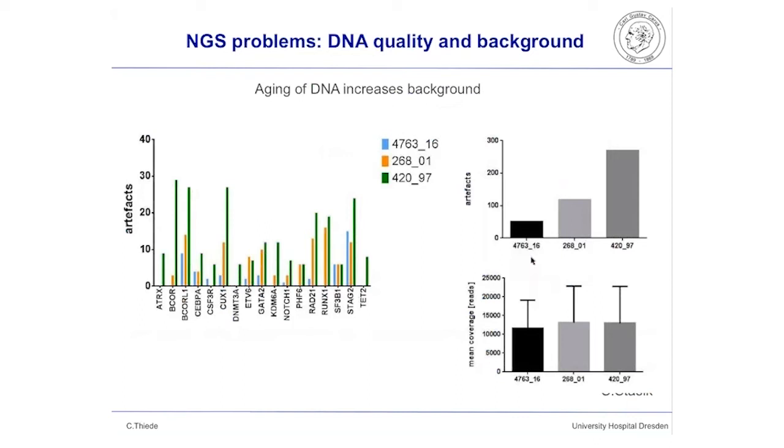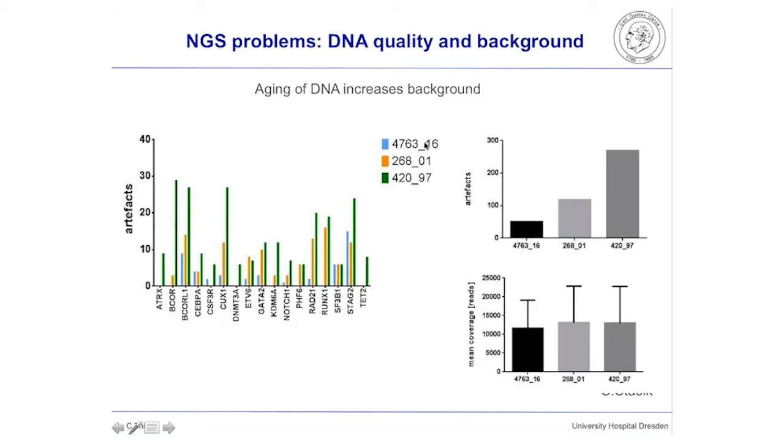Of course, it is known for a while that paraffin-embedded tissues, for example, generate low-quality DNA, but this is DNA which was generated from fresh material from cells using a standard assay. It was stored for a while, and you can see that samples which were stored for about 20 years, that date back to 1997, have a much higher background rate compared to samples which were more recent.